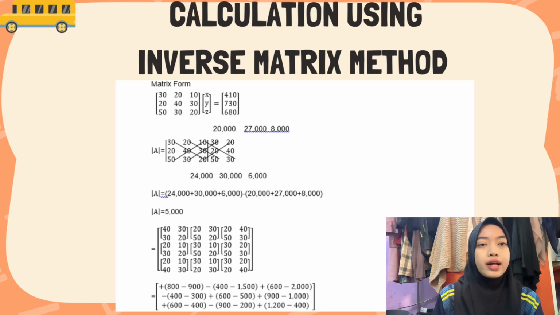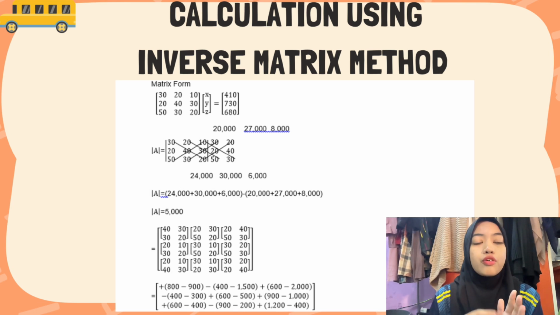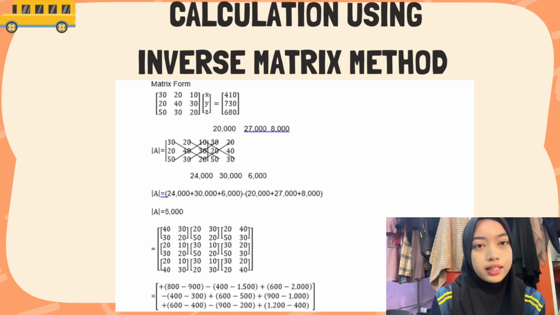So the first step, we change the system of equations into matrix form. We write the coefficients of x, y, and z into a 3 by 3 matrix and put the constant values into another matrix. Then we calculate the determinant of the 3 by 3 matrix.